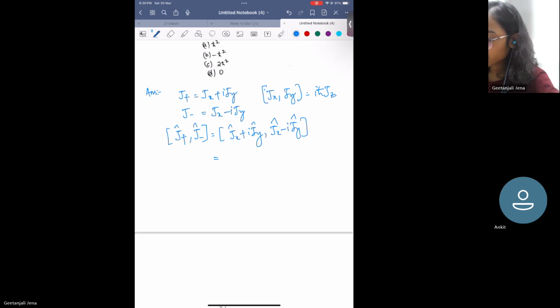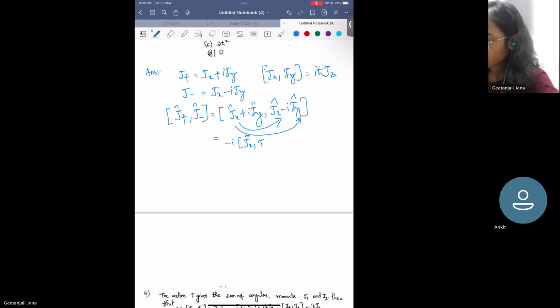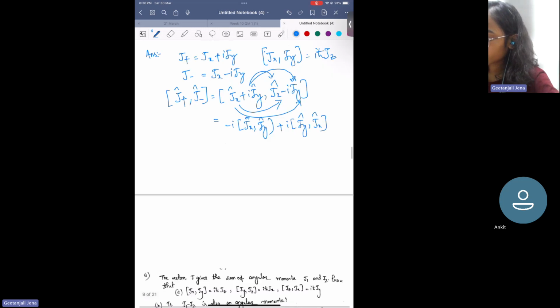Jx with Jx will be 0, Jx with iJy will be non-zero, so it will be i times Jx, Jy. Now Jy with Jx would be non-zero, so i times Jy, Jx, and the last term would be 0.